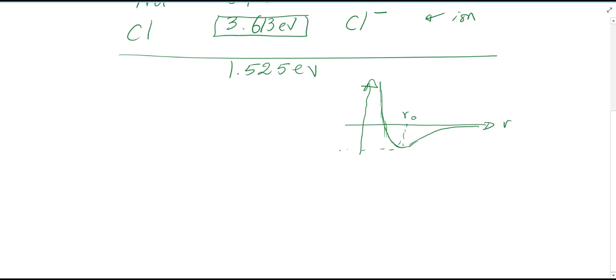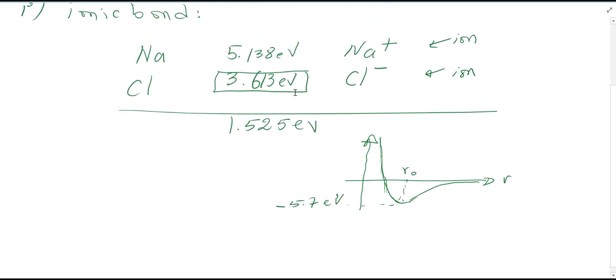For the case of sodium and chlorine, the energy required actually has a negative value of 5.7 electron volt. So as these two come together, we have more than fully accounted for this amount of energy that needs to be compensated for to ionize the sodium, because we have a negative 5.7.